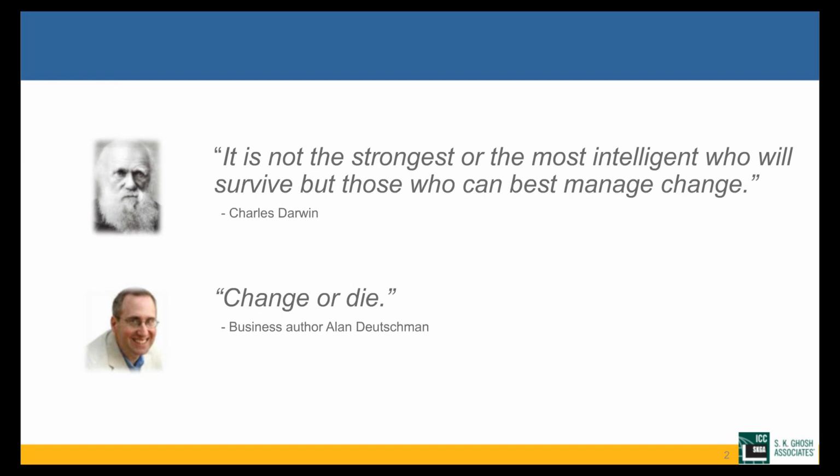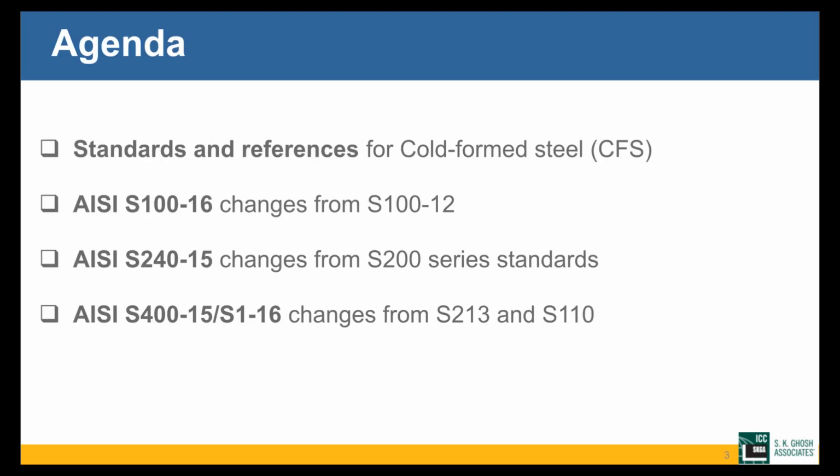So the agenda today, we're going to talk about the standards and references we should all have in our library when we're designing cold form steel. Then we'll talk about the building code references in the 2018 IBC for cold form steel, the changes that have occurred in what's called the specification.